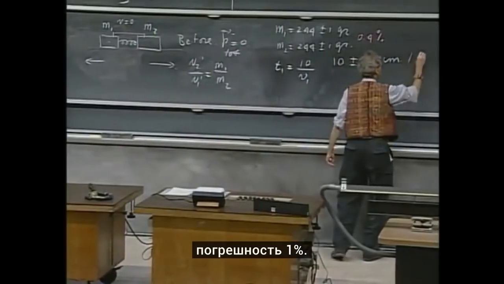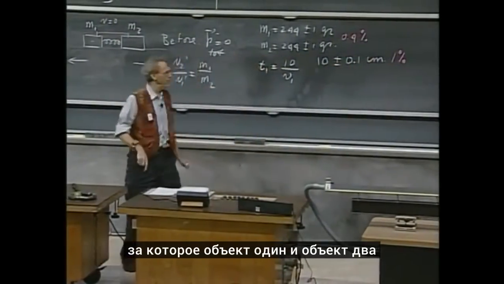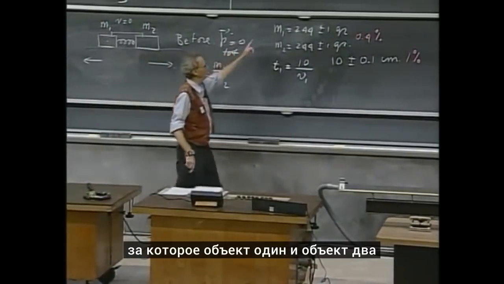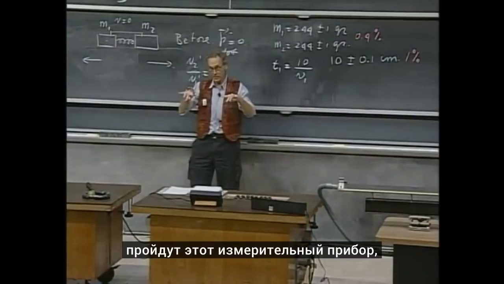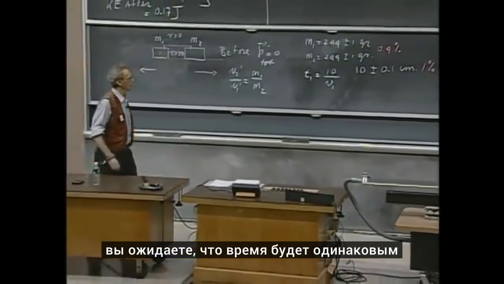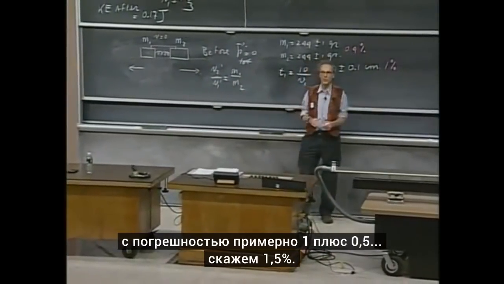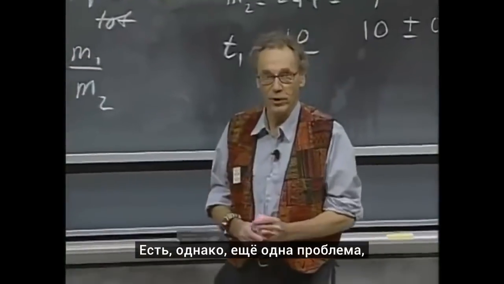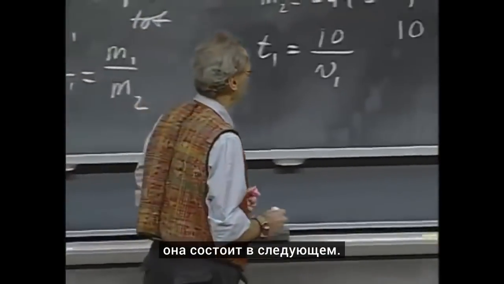So if we measure the times that object number 1 and object number 2 take to go through this timing device, a measurement of 10 centimeters, you would expect the times to be the same to within roughly 1 plus 0.5, say 1.5%.